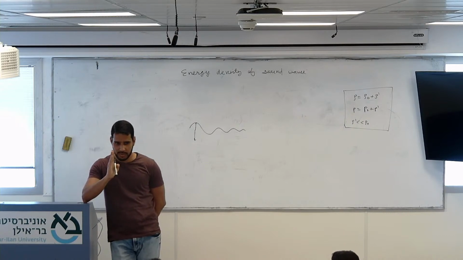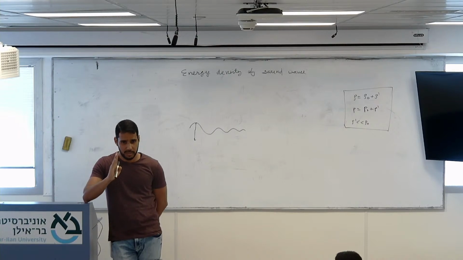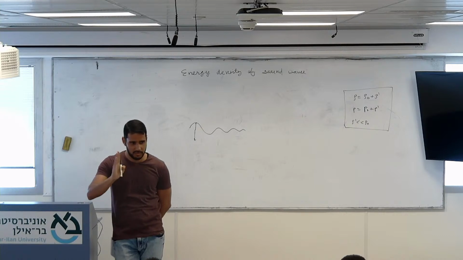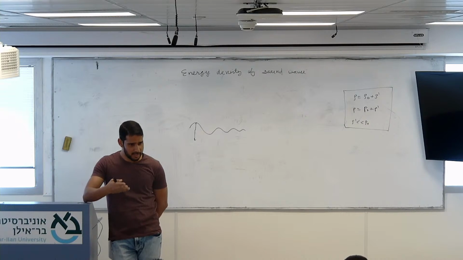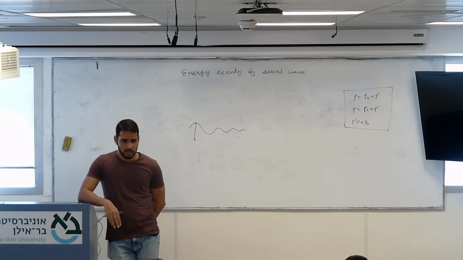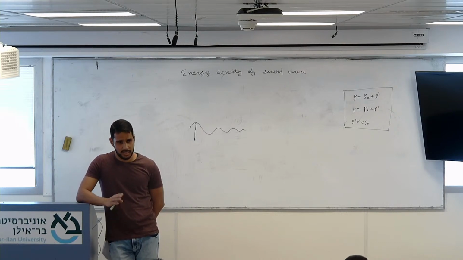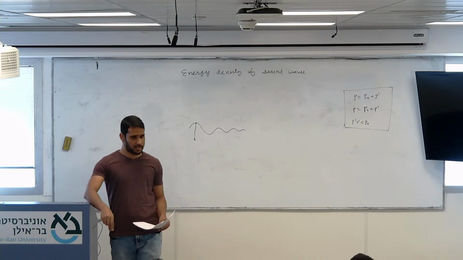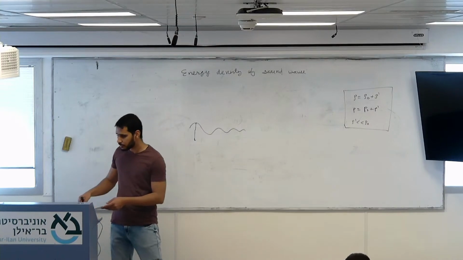When sound waves come, it starts vibrating. It's mechanical vibration. Initially the motion is zero, then it starts vibrating. When something starts moving, it has momentum. Where has it come from? Sound waves. And an oscillator also has energy. So this is how sound impacts. So every wave carries energy, including sound waves.